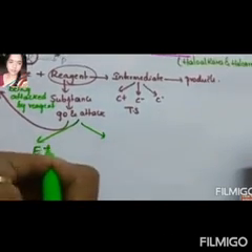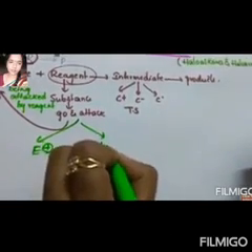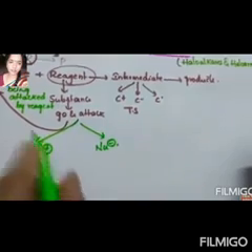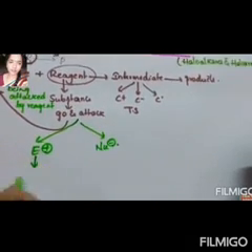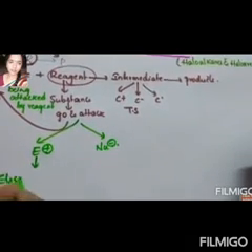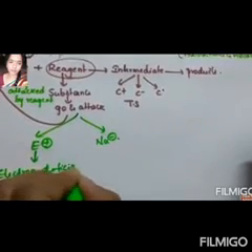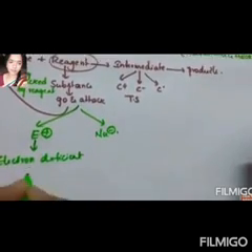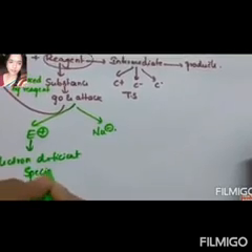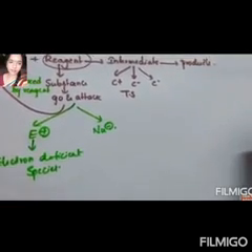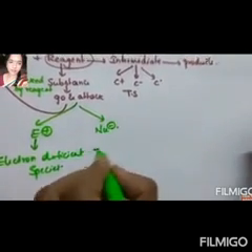Now, the reagent can be classified into two: one is electrophile and another one is nucleophile. What does it mean by electrophile? We already learnt, right? Electrophile means electron deficient species. Now come to nucleophile.